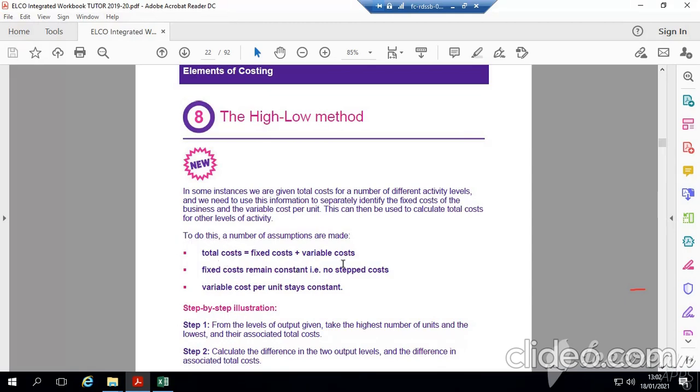To do this, a number of assumptions are made. Total cost is fixed cost plus variable cost. Fixed cost remains constant, for example step cost. Variable cost per unit stays constant.